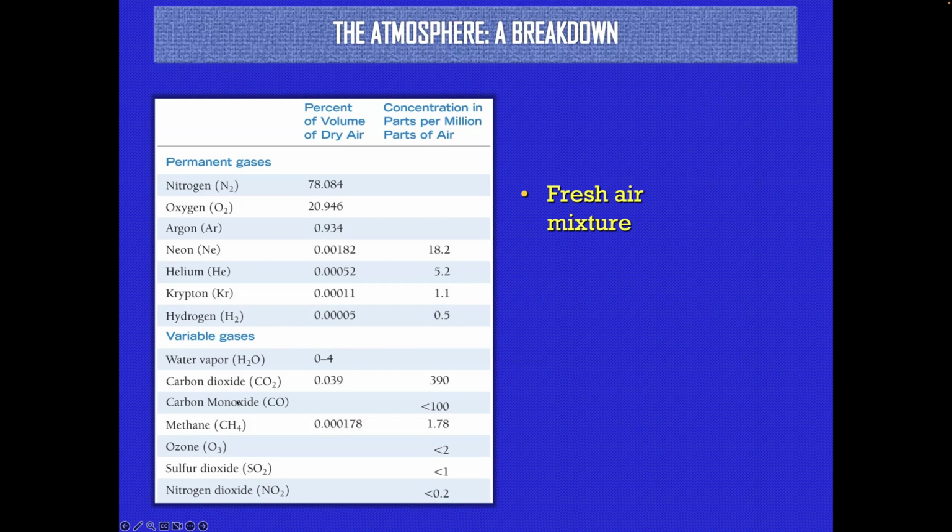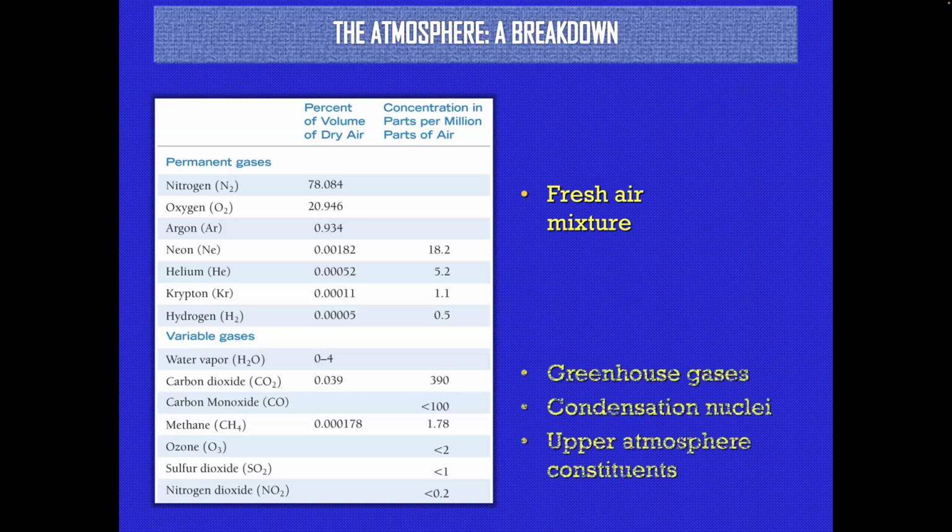Now, these are available in small quantities, for example, CO2, but it is significant. And this number is already kind of dated. This number is already up to 424, and we'll go over that a little bit later. So these are the greenhouse gases.